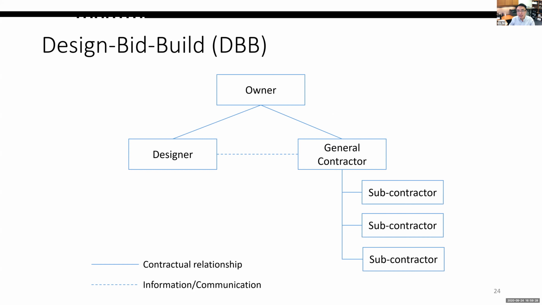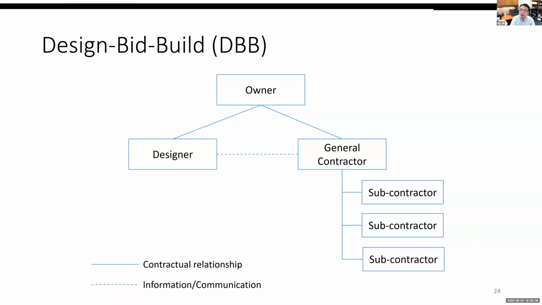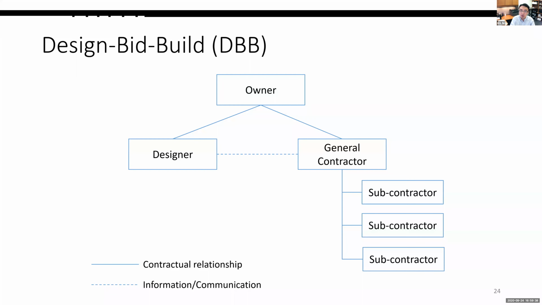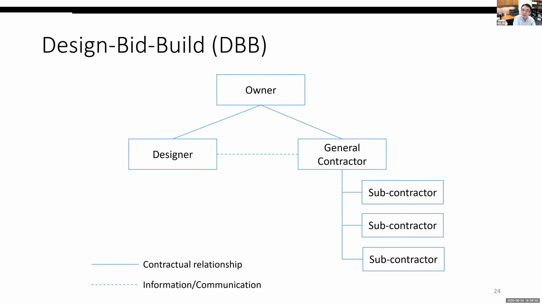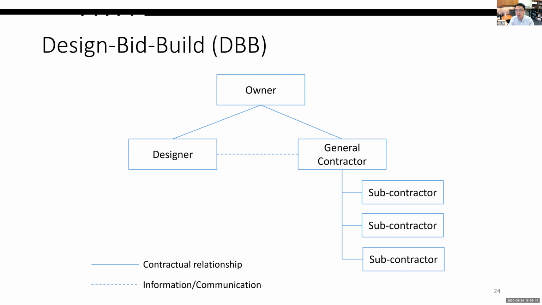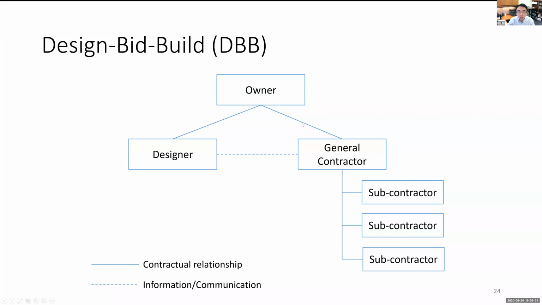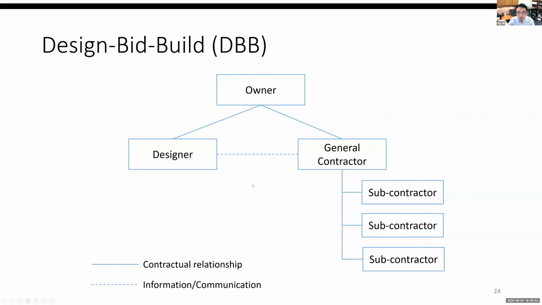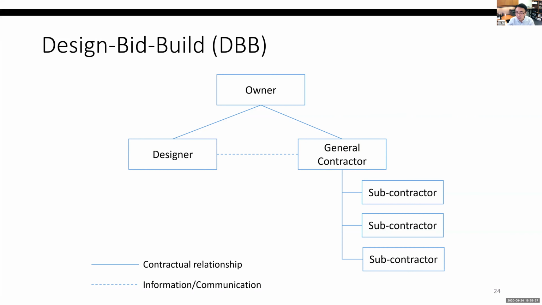Project delivery method actually shows how we organize the contracts among different parties. The only tool we have in the construction or AEC industry to integrate is through contracts. Unlike auto manufacturing, where they can merge companies, we can only use contracts. So in design-bid-build, the solid line shows the contractual relationship. The dashed line shows information or communication that is supposed to happen, okay?